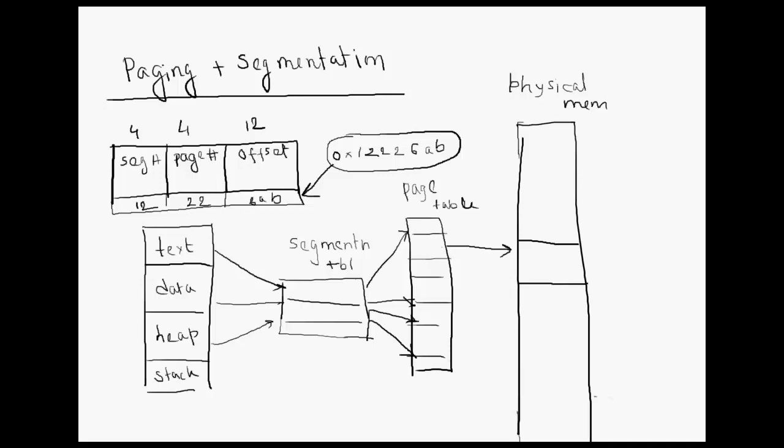And in the page table, the entry 22, the page table number 22, will give us a base address in the physical memory, and the offset 6AB will give us the actual location in the physical memory. So this way we can utilize the base part of the segmentation table and the page table, and we can manage the memory in the most efficient way, which will solve most of the problems that we have discussed earlier.